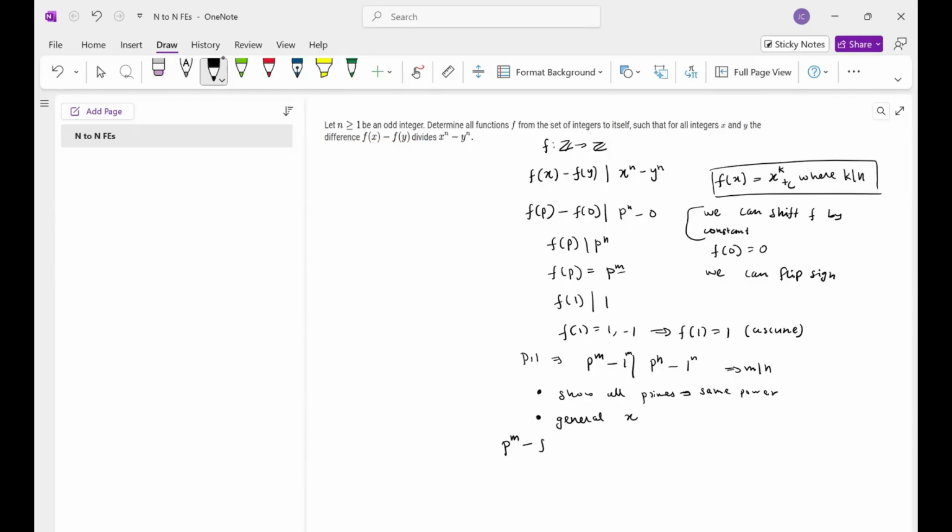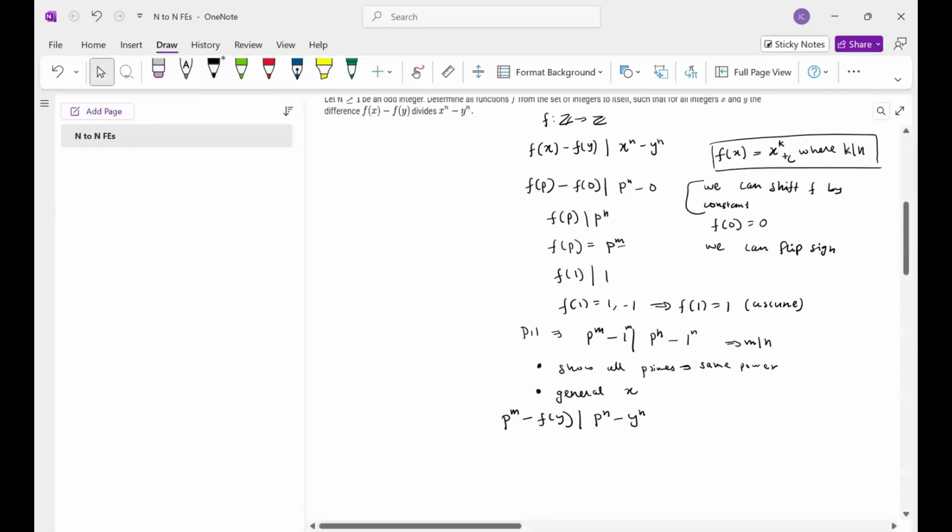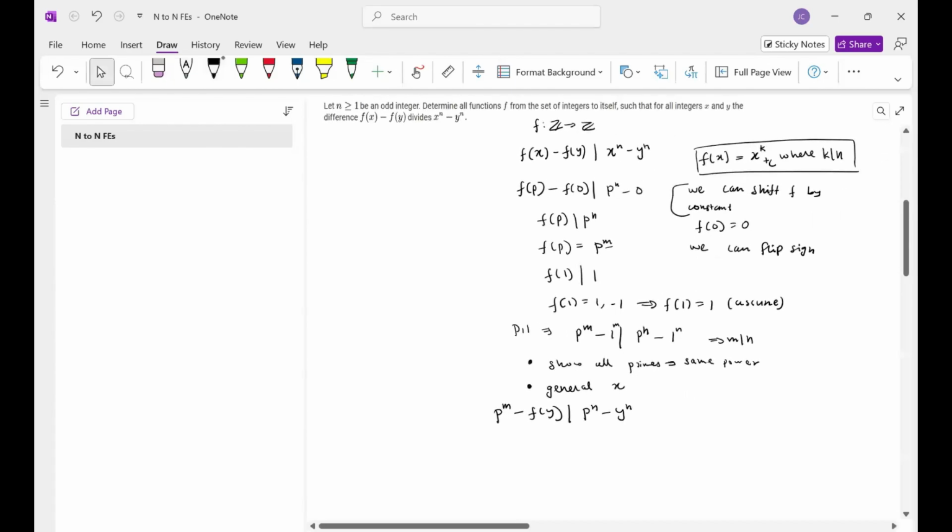And then we keep on subtracting p raised to m minus f of y till the p raised to n disappears. Once the right hand side becomes fixed, we can just take p to be some very large prime and conclude it to be zero. Yeah, perfect.